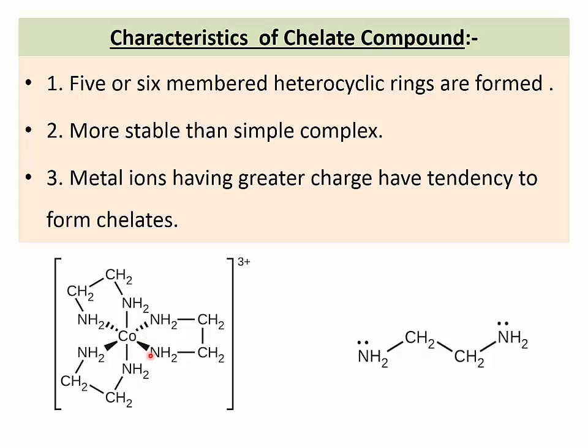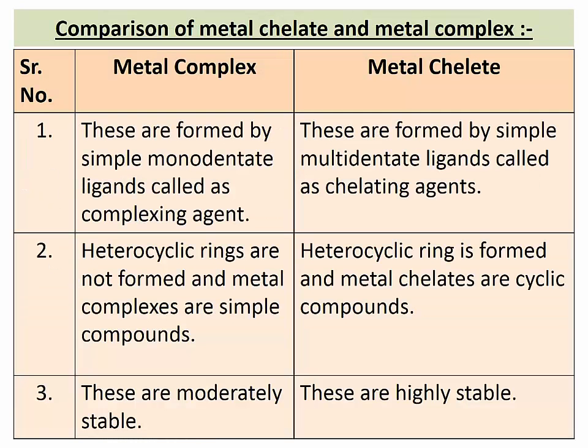So 3 molecules of ethylene diamine are attached to cobalt, and hence there is formation of a heterocyclic ring. This is a 5-membered ring: 1, 2, 3, 4 and 5. 5-membered rings are present in the chelate compound and therefore they are more stable than a simple metal complex.